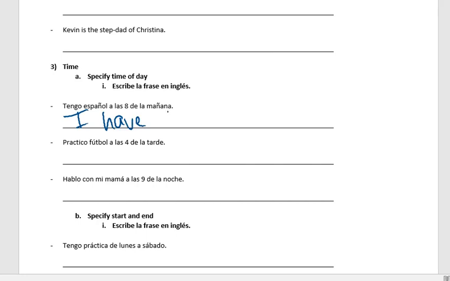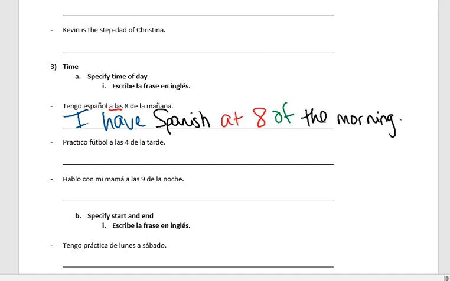We know that español is Spanish. A las is your at. 8, so at 8. De la mañana technically means of the morning. Typically in English, we say at 8 in the morning.